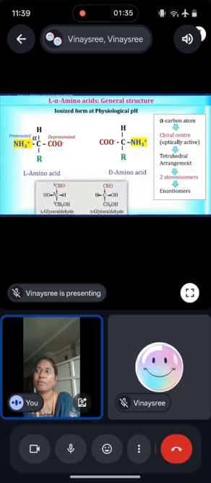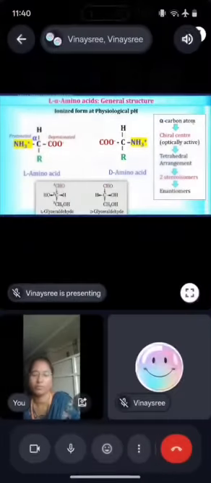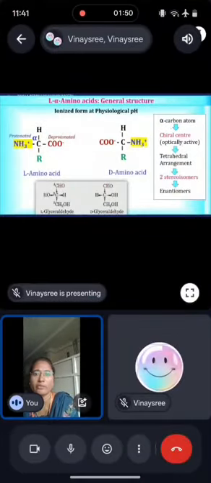Coming to the next slide, it is about the ionized form at physiological pH, how it will be. Amino acids are of two forms, the L form and the D form.